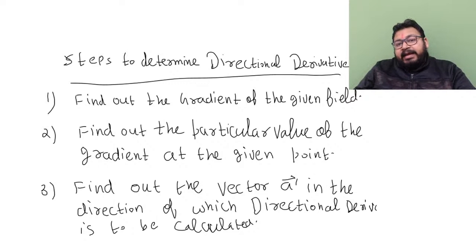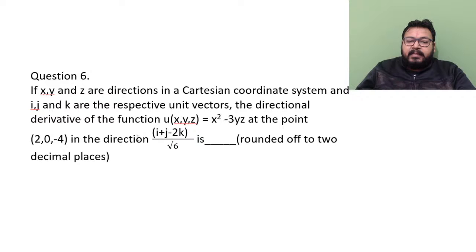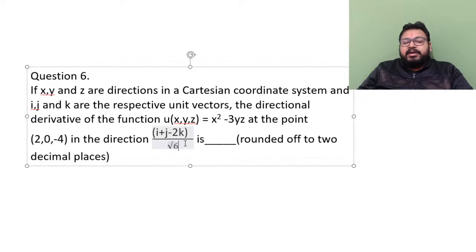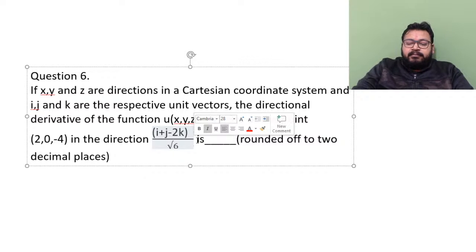Now that A vector in the GATE is generally given, but if it is not given, they will give you some hint, okay, so that you can calculate. Now what is the direction? The direction is given as i plus j minus 2k divided by root 6.